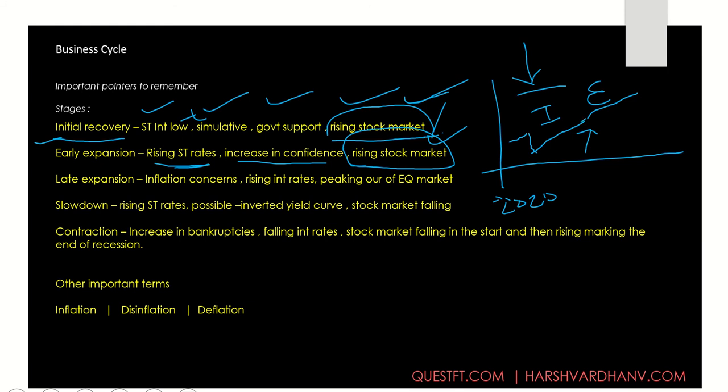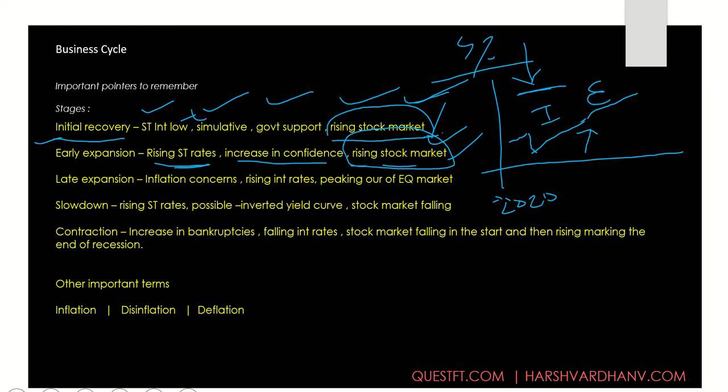Because there's surplus money in the market, the interest rates are low, the central bank is printing money, and borrowing is very cheap. So the hedge fund managers, or the extremely liquid funds, are borrowing at a very short term rate. Say suppose they are borrowing at 4% on an annual basis, and they're investing in the stock market. So you can imagine how much money they can make. As long as the interest rate remains low, the stock market will always rise.